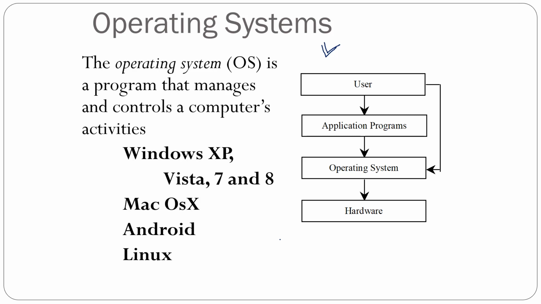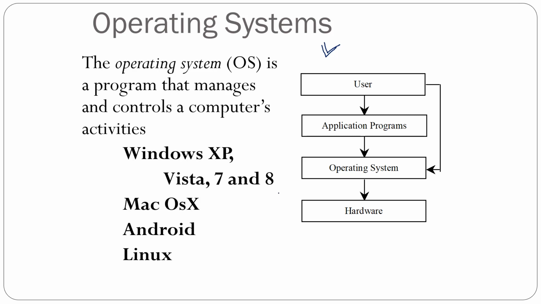So when the machine is shipped to us, it comes pre-installed with the operating system, so we don't realize that it's such an important software to have. Without the operating system, your computer is just useless. It's just a machine with no soul, right? It's just a body without a soul.